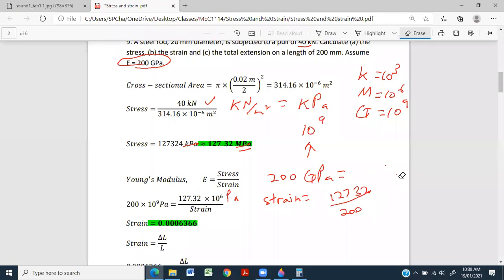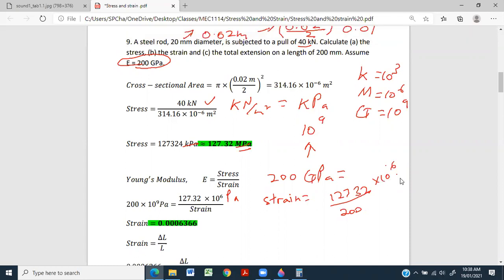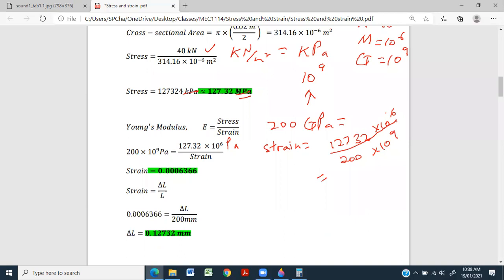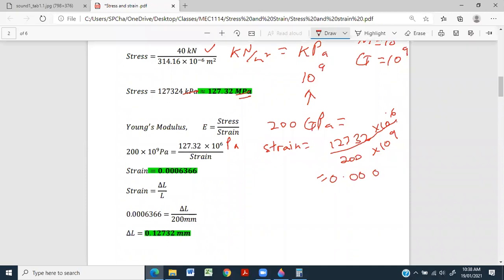This here is times 10 to the power of 6 divided by times 10 to the power of 9. Okay. Plug this into our calculator. We should get strain is equal to 0.000636, right?